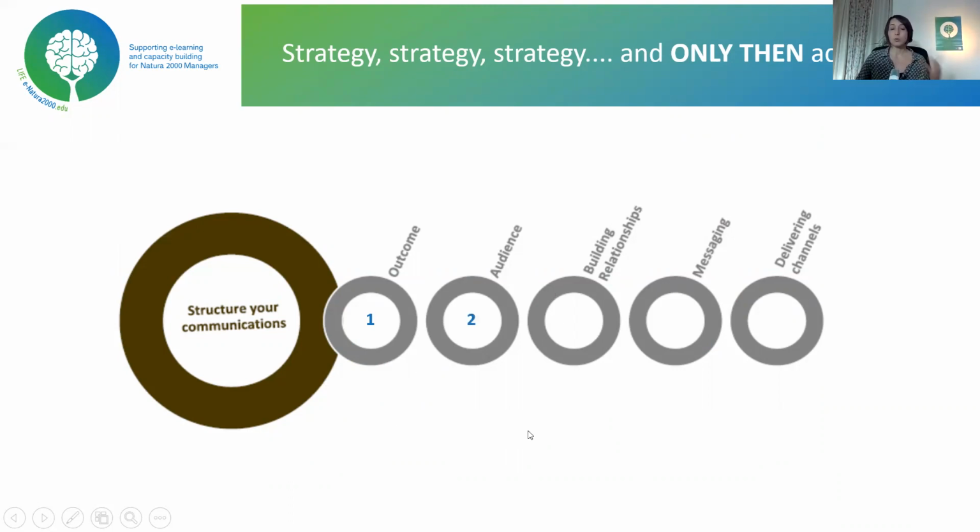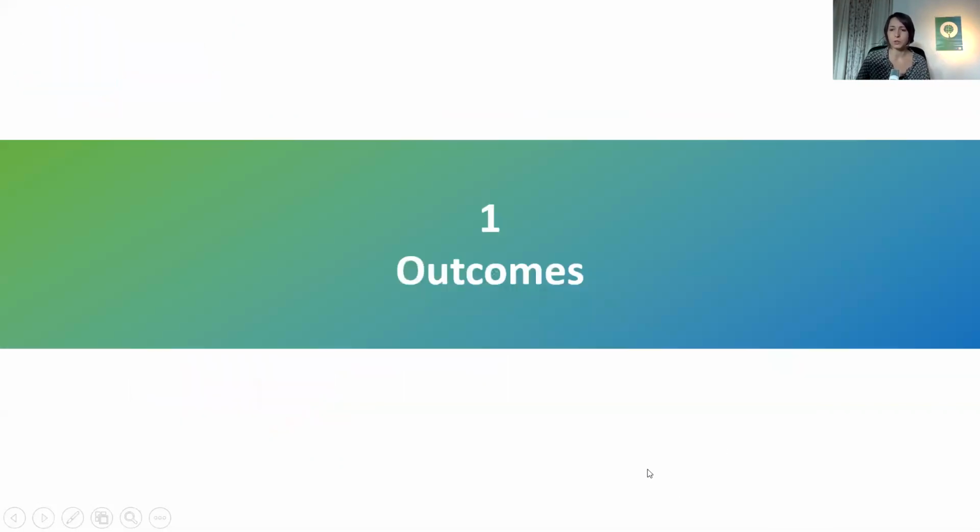Let's understand who our audience is and where we can reach out to them. So we can then build relationships with our main audiences, and then draft messages for them that will be delivered through a certain channel. So this is a thinking process, and I would like you to keep this thinking process with you.